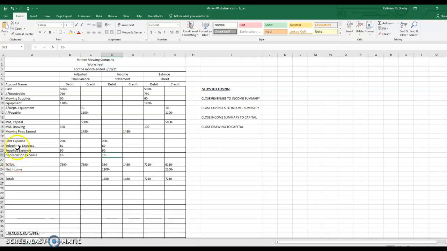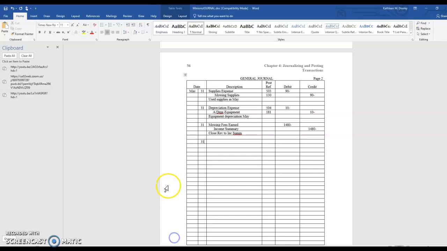So I have rent, telephone, supplies, and depreciation expense. Now I'm going to have to credit them. Credits are listed second, okay. So what are we going to be debiting? Well, income summary.